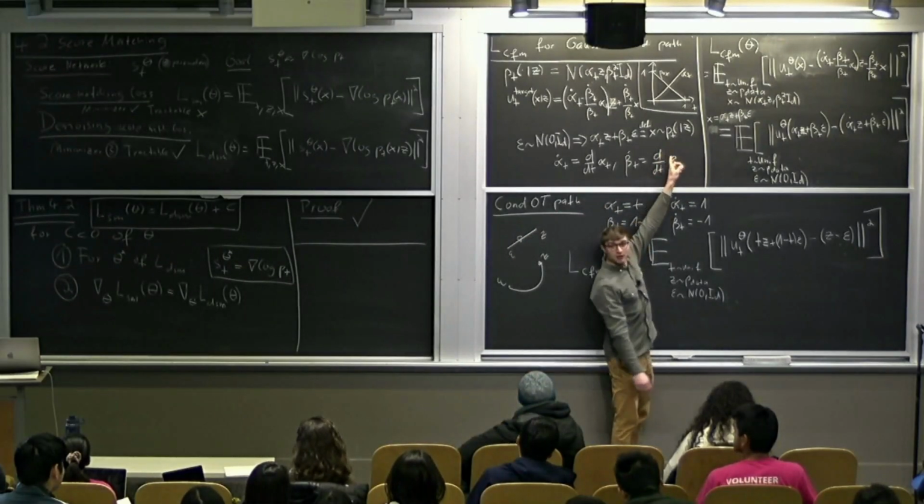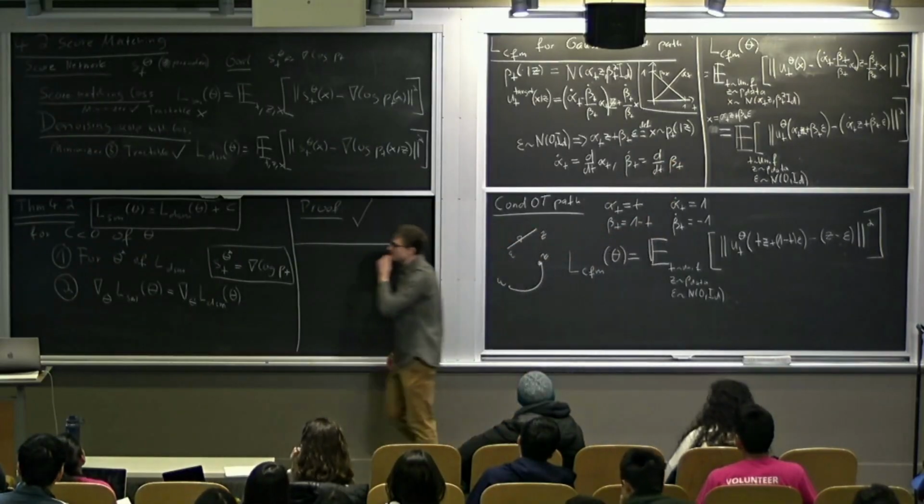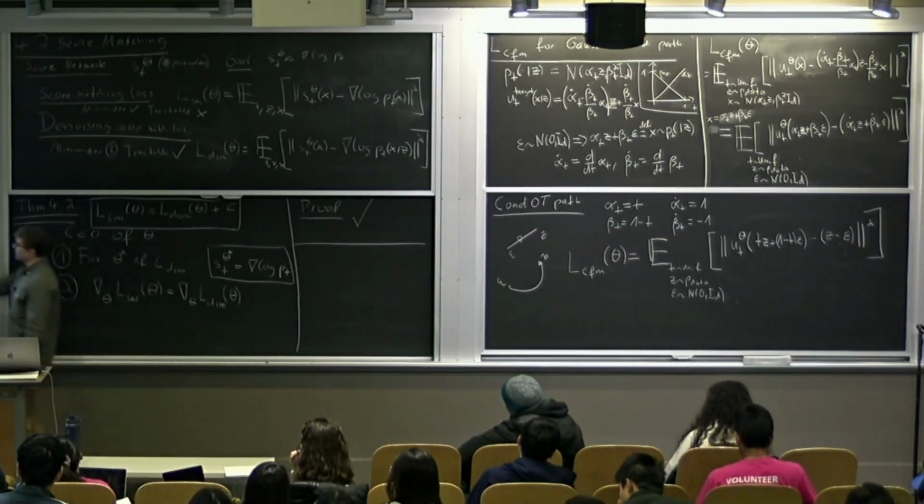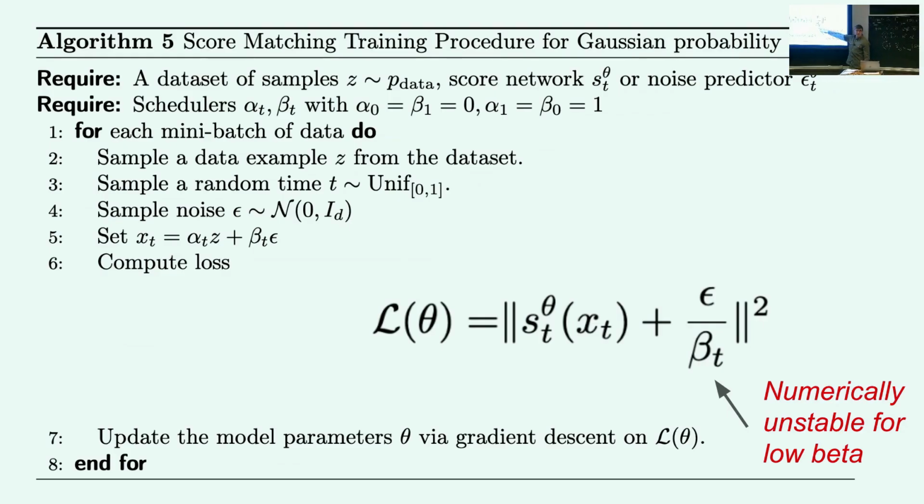If you look at this graph, for times close to 1, it was realized early on when diffusion models were developed that this is numerically unstable, and there are some tricks to deal with it, with details in the lecture notes, but essentially you're scaling this by beta and then dropping a constant. I just want to make you aware that this loss can be numerically unstable for times close to 1. It's not something you have to worry about, but you will see it in papers. They refactor the score network into what's called a noise predictor, so you basically drop that constant.